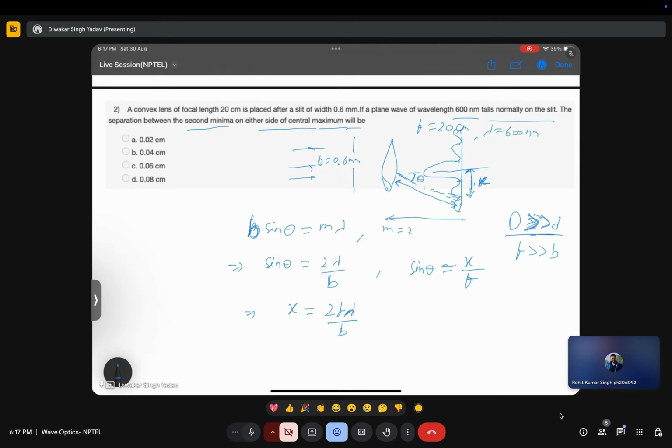Sir, sine theta x by f? Sine theta should be x by this distance, the hypotenuse h, but we are assuming h is similar to f, because this distance is larger than the other distances in the system. You can see the focal length is 20 centimeter and the slit width is just 0.6 mm, so we can make this assumption like we did in Young's double slit experiment. Is this okay?